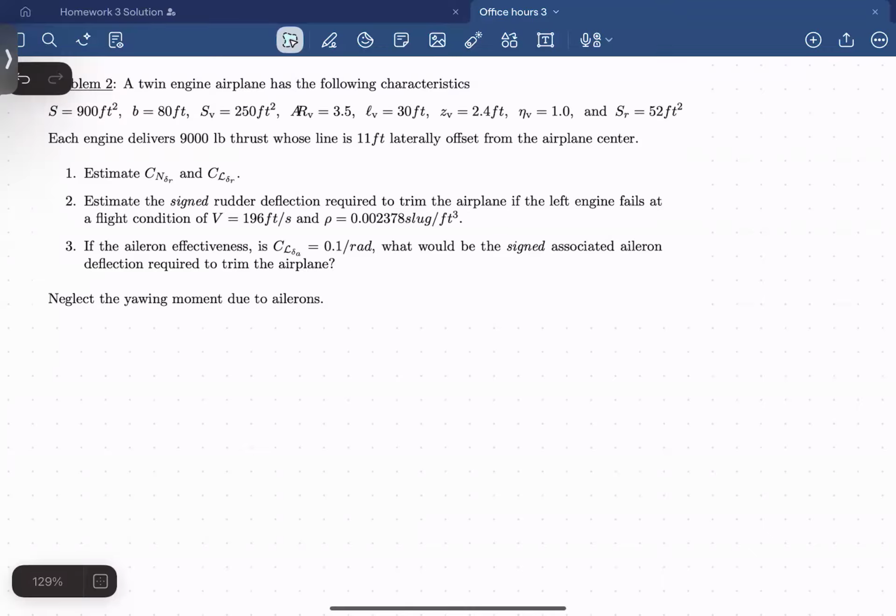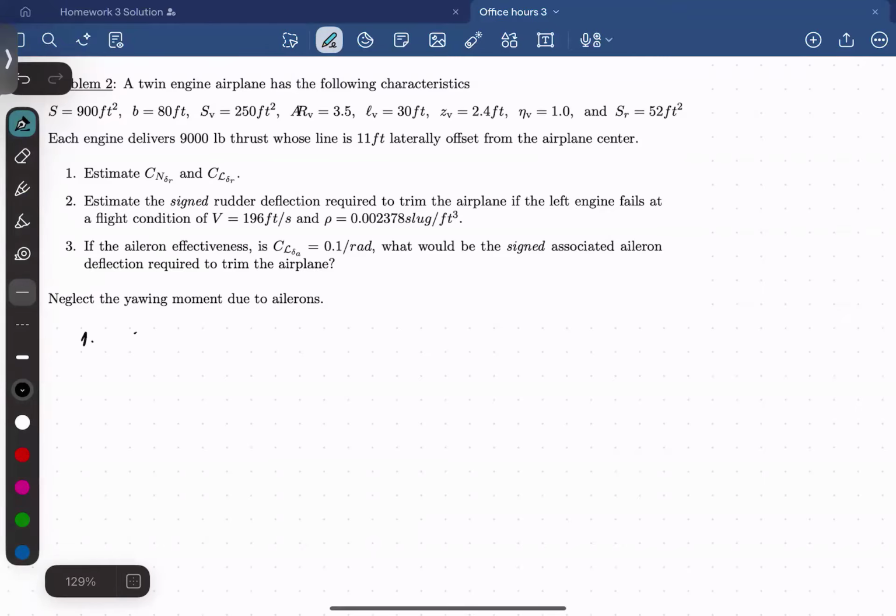Whenever you are asked to estimate, your first job is to write down the expression for Cn delta R, which is nothing but minus eta V, the volume ratio for the vertical tail, times Cl alpha for the vertical tail, and then tau R.